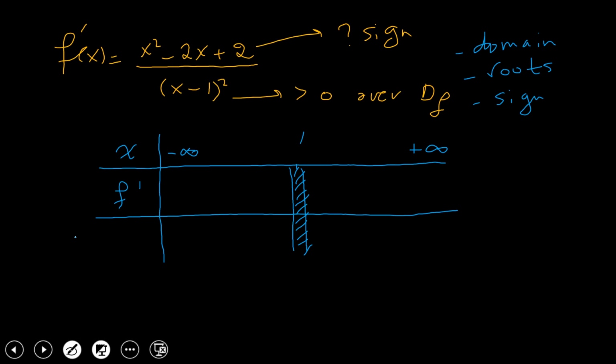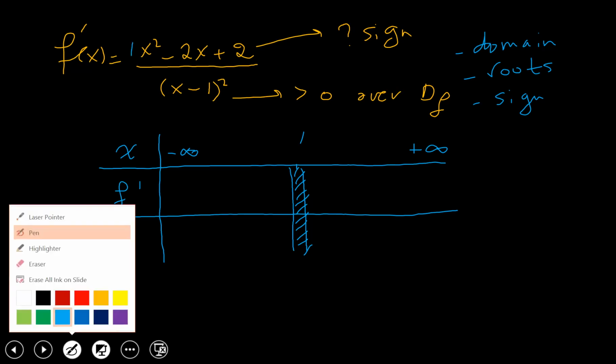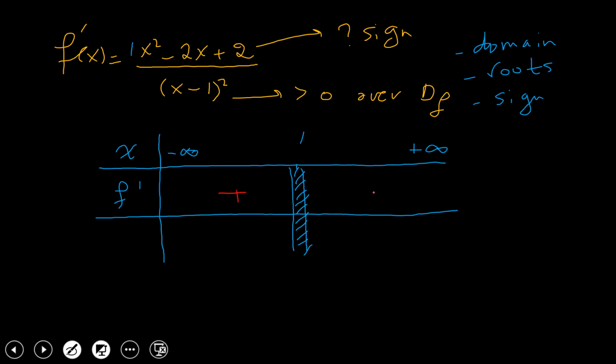So please wait to put the sign. According to the rule, if a quadratic has no real roots, then the sign is the same as A. A is positive. This is A. So here we have plus plus. Also, you can replace values here or here to know the sign.